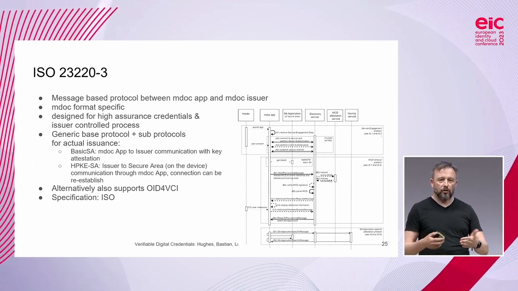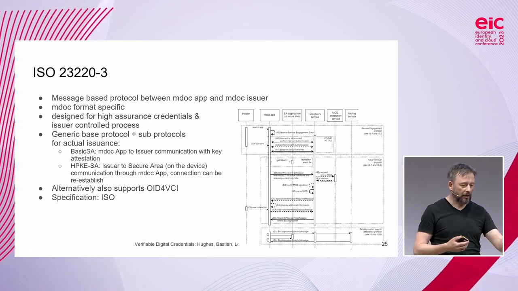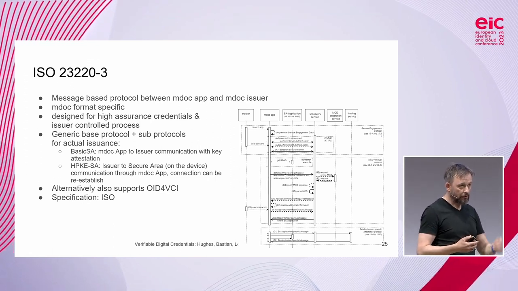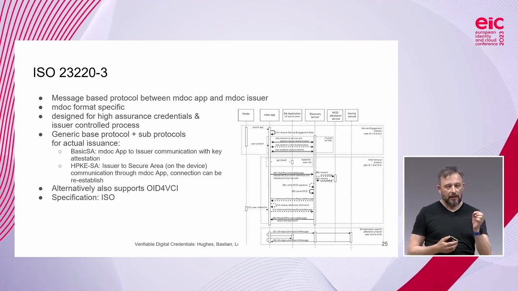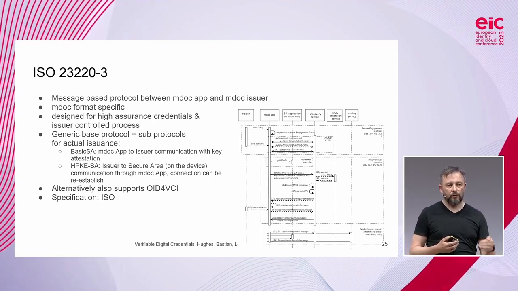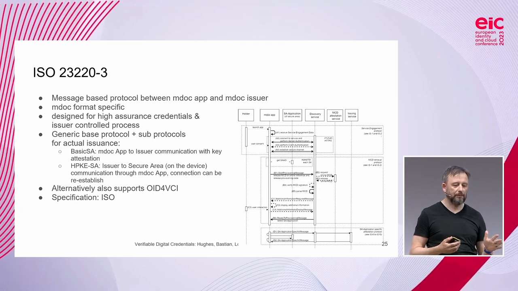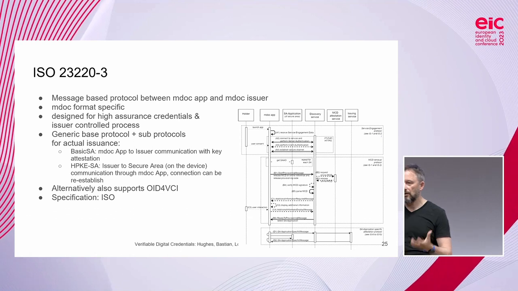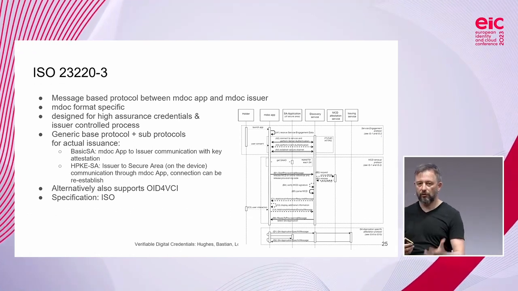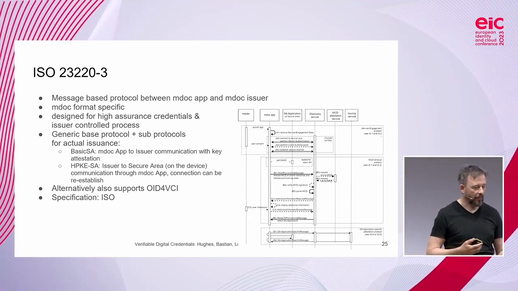So you can only issue and present credentials in that format with that protocol. It's definitely designed for high assurance credentials and issuer-controlled processes. And in this case, really, the issuer has a lot of control about the issuance. So it can really refuse to issue a credential to an MDoc application that, for example, does not have the attestation for certain security characteristics.